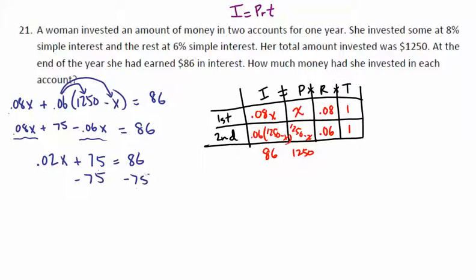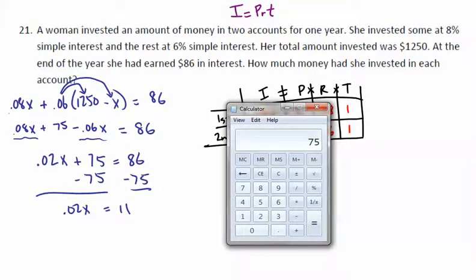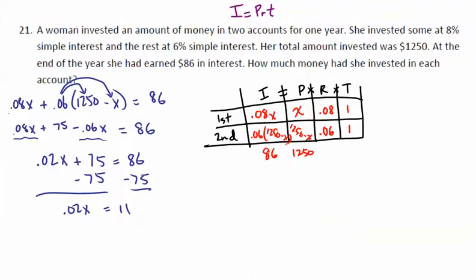Subtracting the 75 from both sides, we get 0.02X is equal to 11, and 11 divided by 0.02 is $550. So X equals $550, and looking at our chart, that's the amount of principal invested in the 8% account.